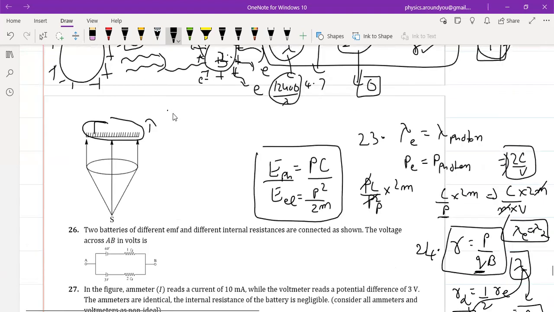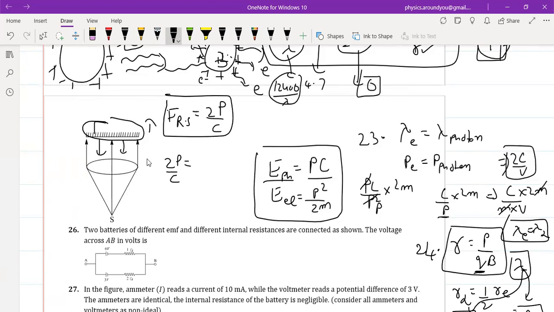So for a perfectly reflecting surface, the force component will always be 2p by c. Right? Now, the force exerted by light on this surface is 2p by c. So 2p by c has to balance its weight. Weight is mg. So 2p by c has to be equal to mg.